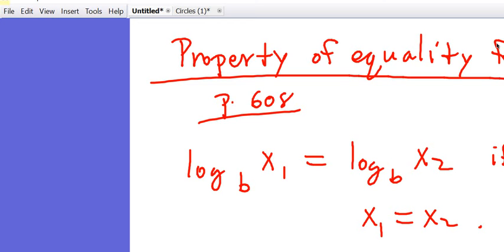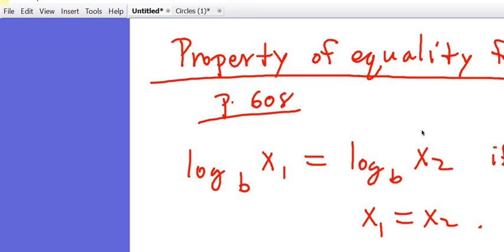There's no difference from me saying b to the x1 equals b to the x2, then x1 will be equal to x2, right? Well, it's the same concept when it comes to logs.